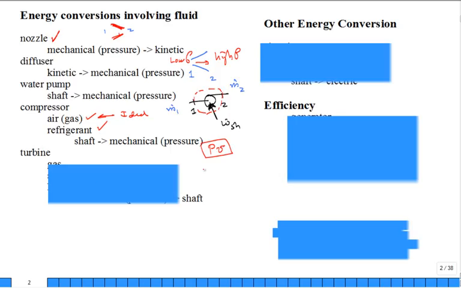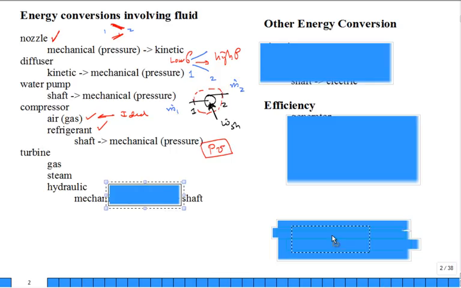How about a turbine? Well, this one gets more complex for students because it's not just one type of turbine. You can have a gas turbine, like in a jet engine. You had the expansion of the gases after the burner. That would be a turbine section of the jet engine.